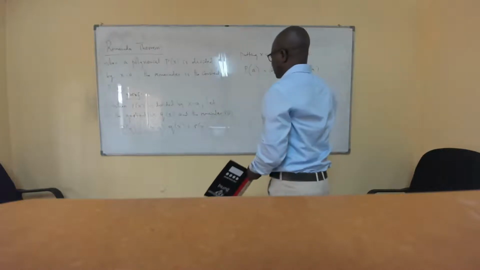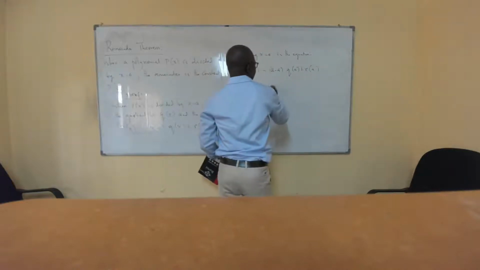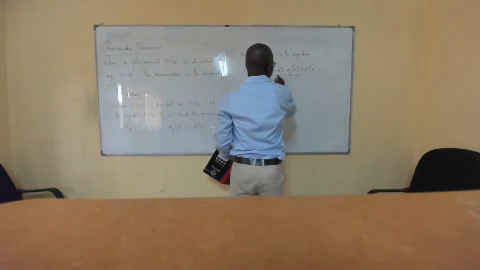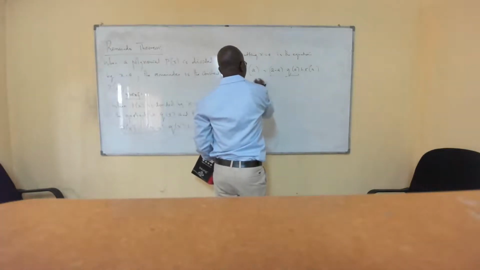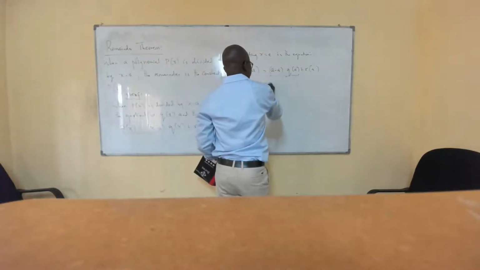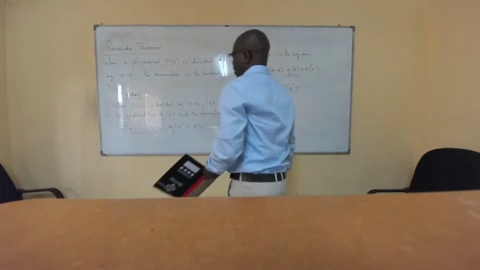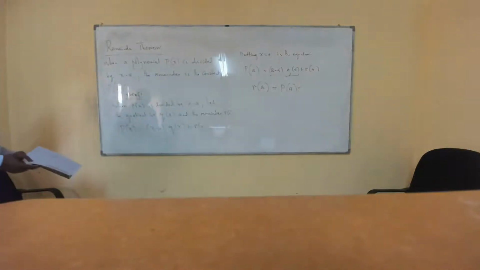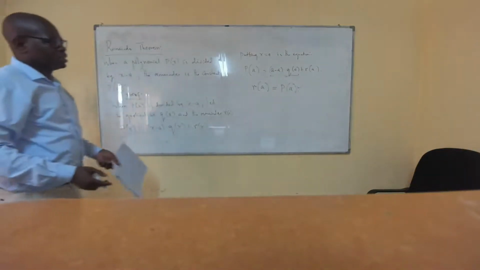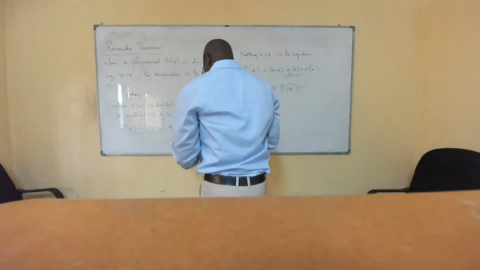And this is the remainder, right? So you see this part, it is 0 because of this, therefore the remainder will actually be P of a. I think that's what is claimed here. So the remainder is actually a constant.